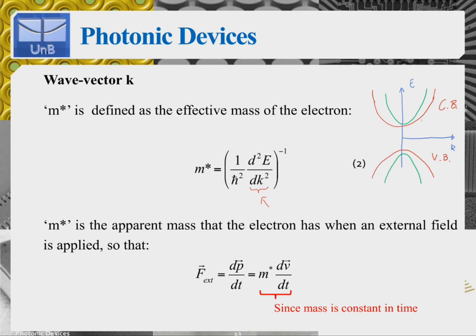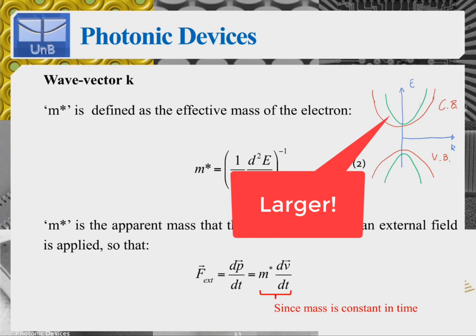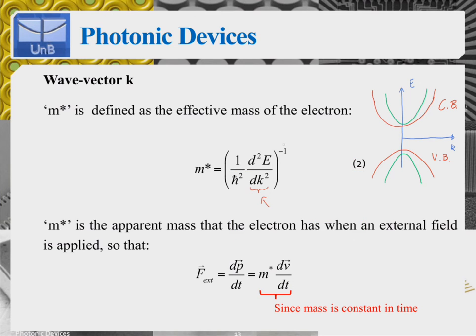And we notice, if we compare the red curves with the green curves, that, well, the second order derivative is the derivative of the first order derivative. So the rate of change of the first order derivative of the green curve is much faster than the rate of change of the first order derivative of the red curve. Therefore, the second order derivative of the green curve is larger.